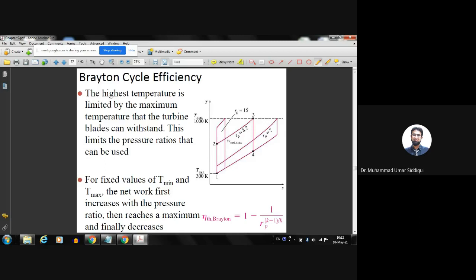So we need to know what the working temperature of the turbine is, and this limits the amount of combustion that can take place in the combustion chamber.